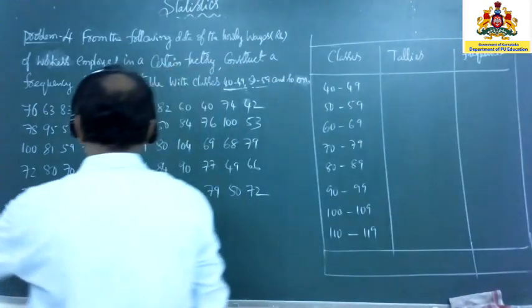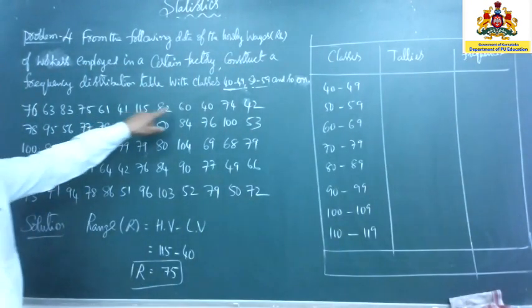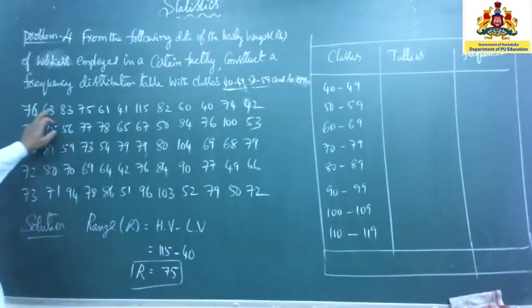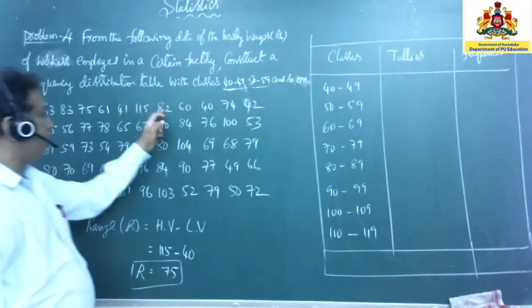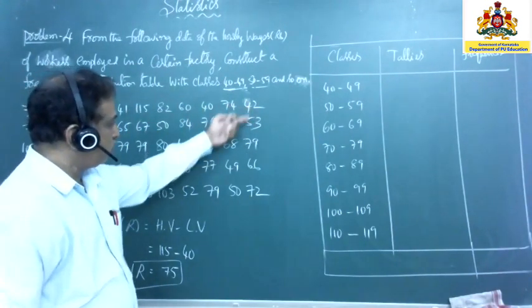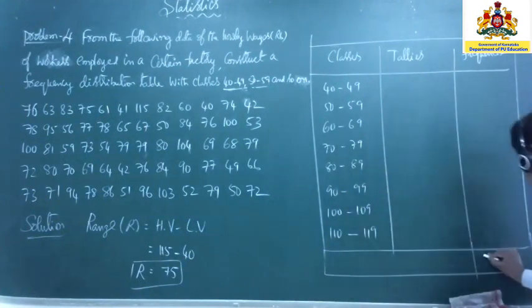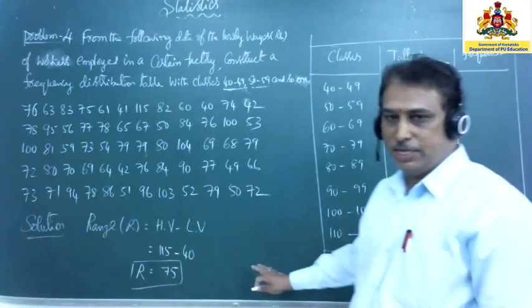Here, how many values are there? 1, 2, 3, 4, 5, 6, 7, 8, 9, 10, 11, 12. 12 fives are 60. The capital N, you have to get it. The total frequency is 60.